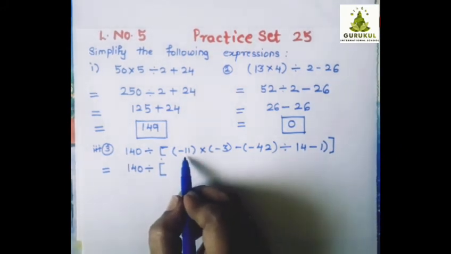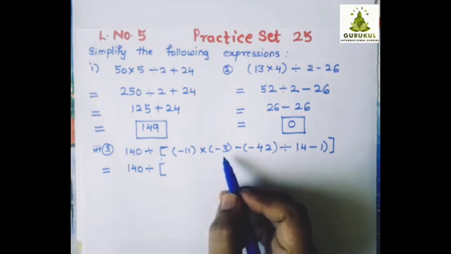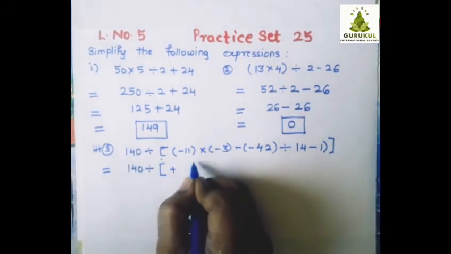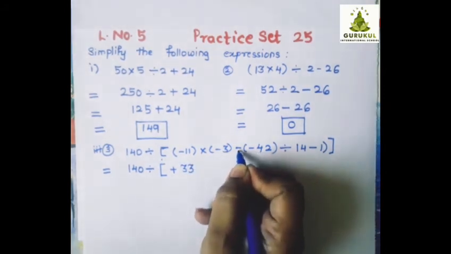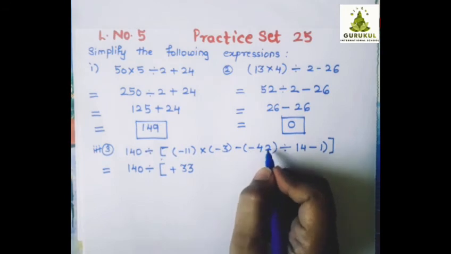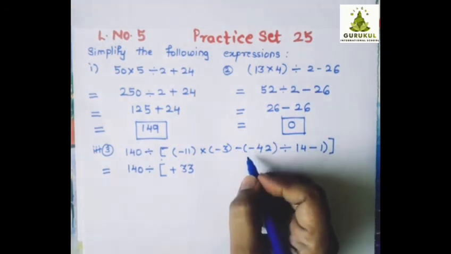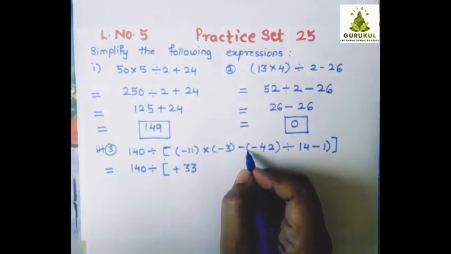Now this bracket: minus 11 multiplied by minus 3. Minus into minus will be plus, and 11 3s are 33. Here minus into bracket minus 42, correct. Here no symbol is there, this bracket itself is the meaning of the multiplication symbol.